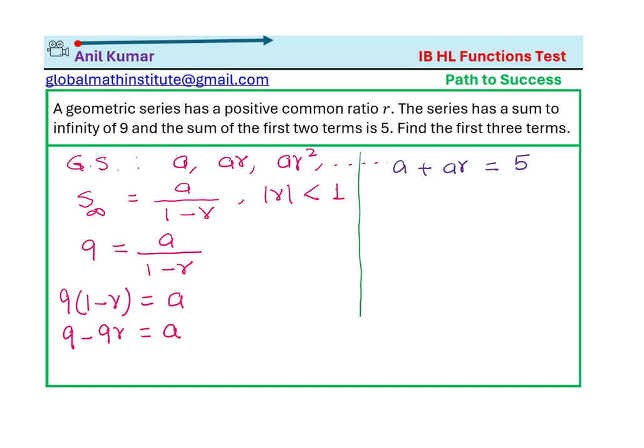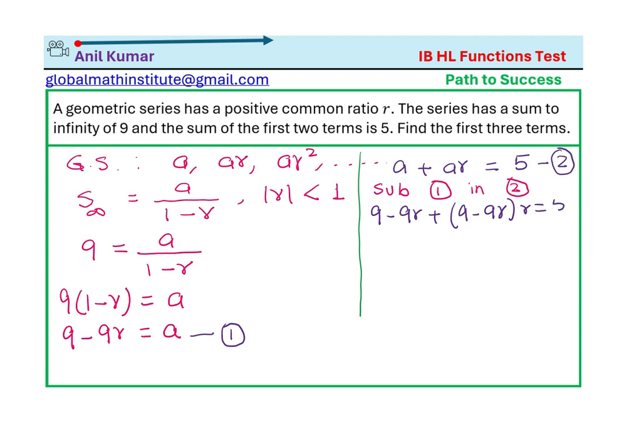Let me call this equation 1, so we'll substitute it in equation 2. So the value of a is 9 minus 9r, plus 9 minus 9r times r equals 5.